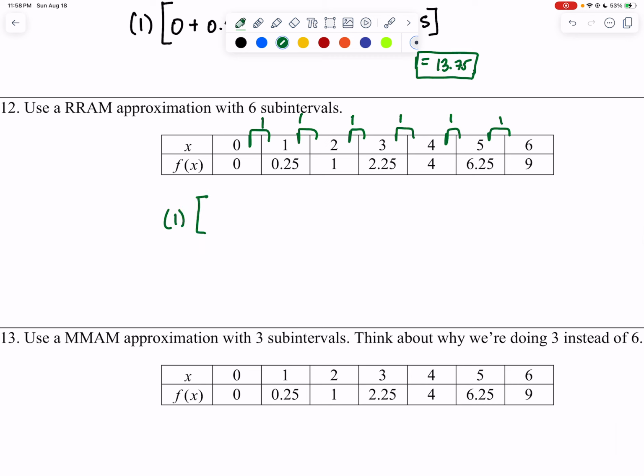We're starting off 9, then 6.25, then 4, then 2.25, then 1, then 0.25. The only thing that we didn't take into account was the 0. So we don't want that. If I add it up, I'm going to get 22.75.